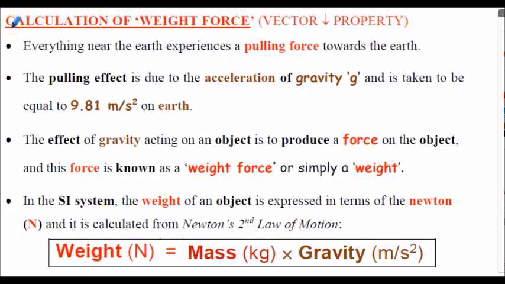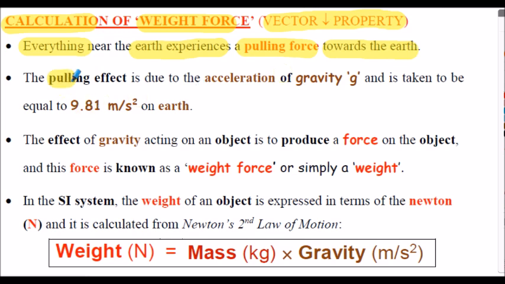Let's consider the calculation of weight force, and weight is a vector property. Everything near the Earth experiences a pulling force towards the Earth. This pulling effect is due to the acceleration of gravity, symbol lowercase g, and internationally taken as being equal to 9.81 meters per second squared on Earth.